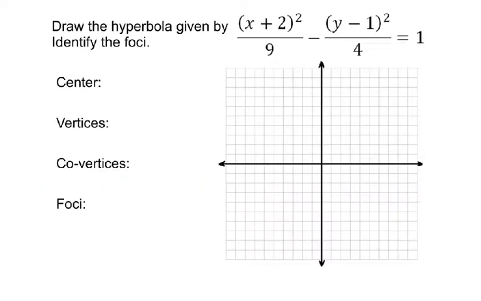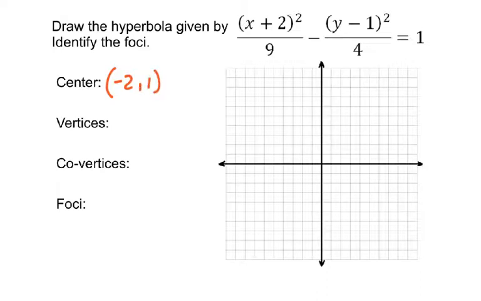Draw the hyperbola given by the following equation: (x plus 2) quantity squared over 9 minus (y minus 1) quantity squared over 4 equals 1. So the center, just like when we were doing ellipses, is going to have the opposite sign, -2, 1.